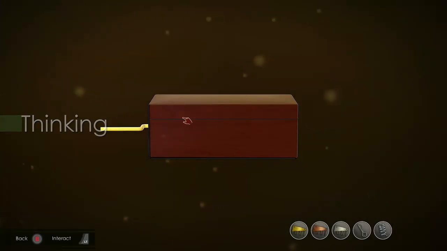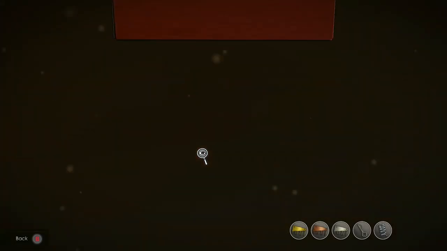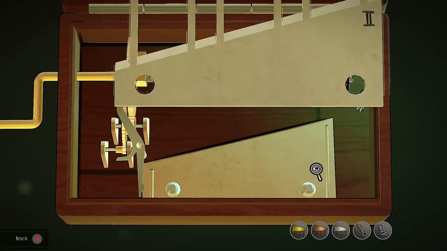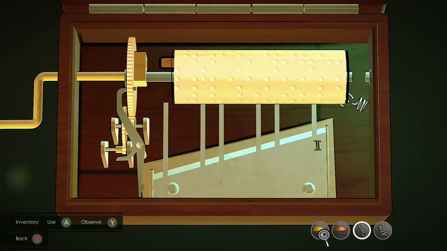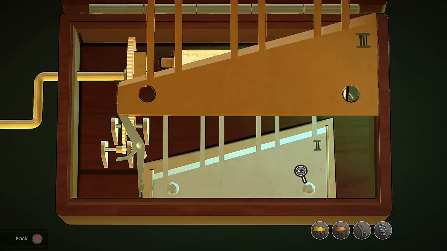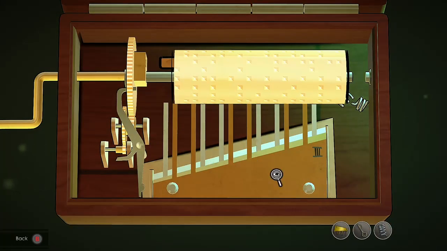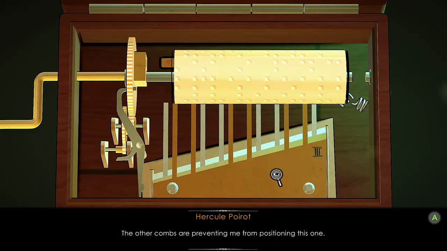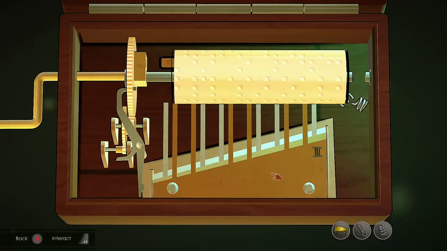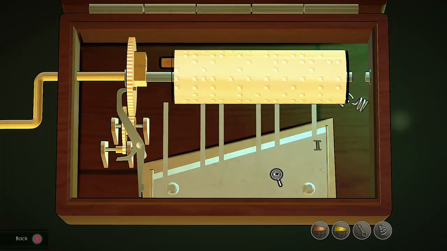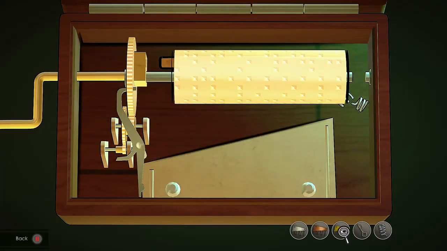Oh, it's a music box. The other combs are preventing me from positioning this one. Okay, so it's maybe not the right order.